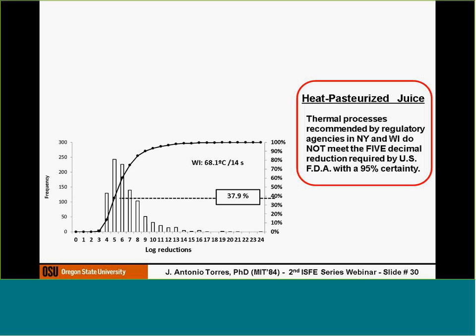The number of log reductions resulting from this process, the variability of our information on the 5 decimal reduction, which will be this point here, is really 3% of batches.